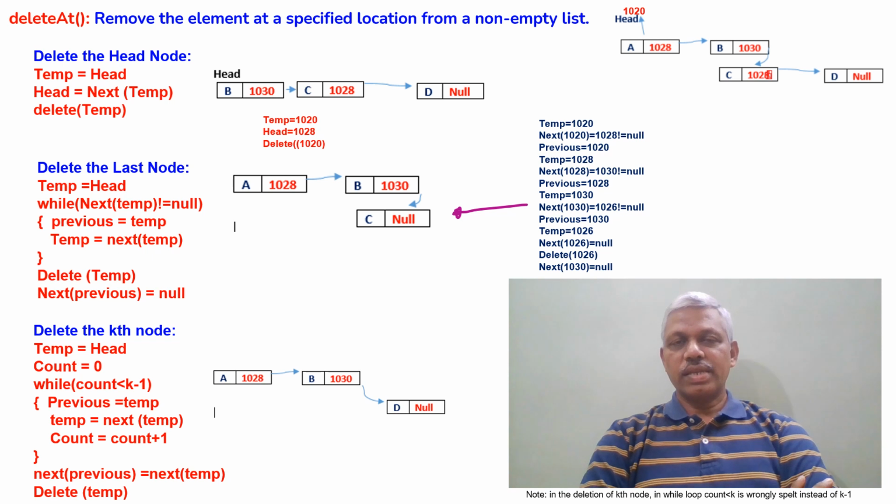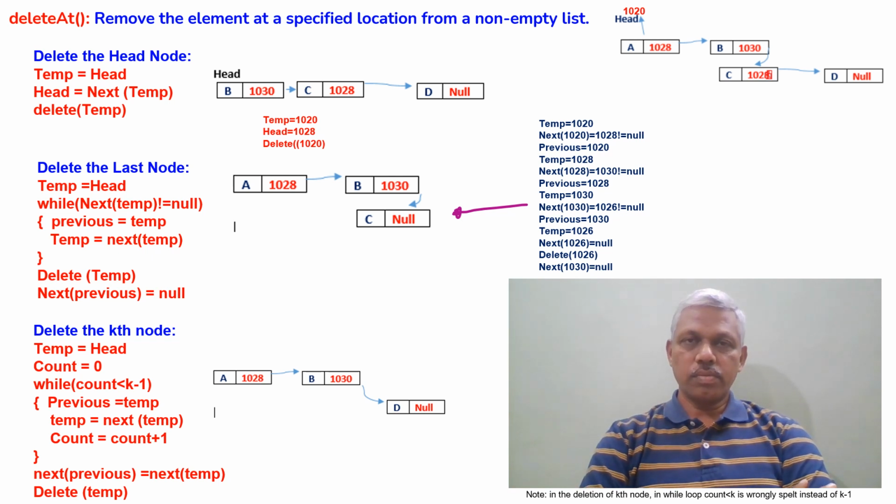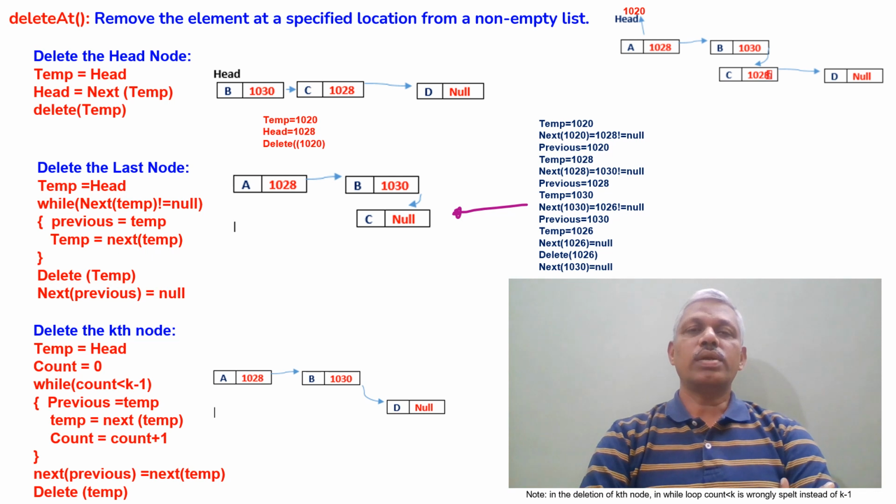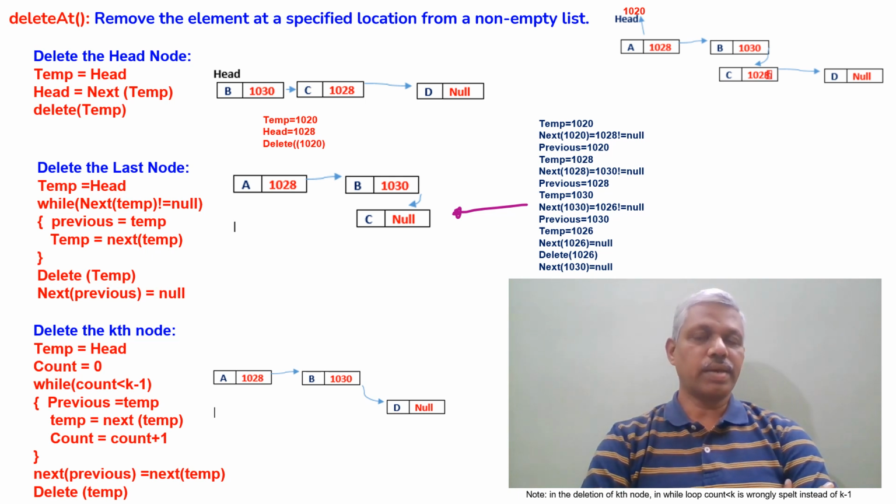Now when it comes to the deletion of a node, again that can be performed at the beginning, so the head node can be deleted, or the last node can be deleted, or the kth node can be deleted. If you want to delete the head node, whatever the next node is, that should become the head, and this node has to be scrapped. For that, the given input is head, pointing to the first node's memory address.